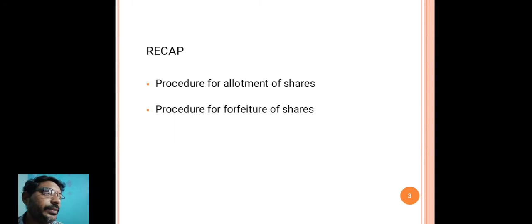For the persons who have applied to purchase the shares but, for some reason, have not been allotted the shares, a letter of regret is written to those shareholders that their shares have not been allotted.